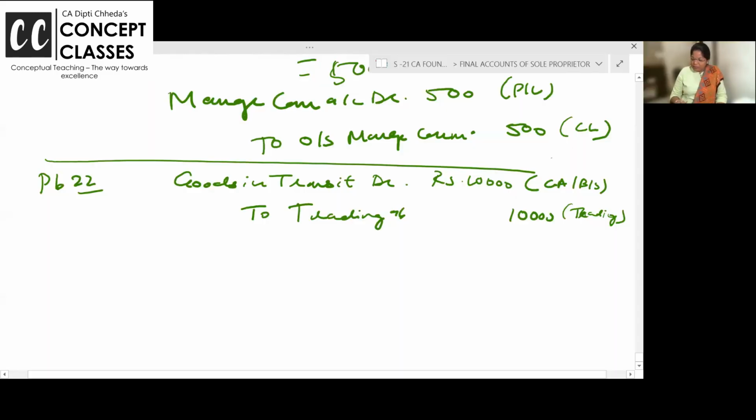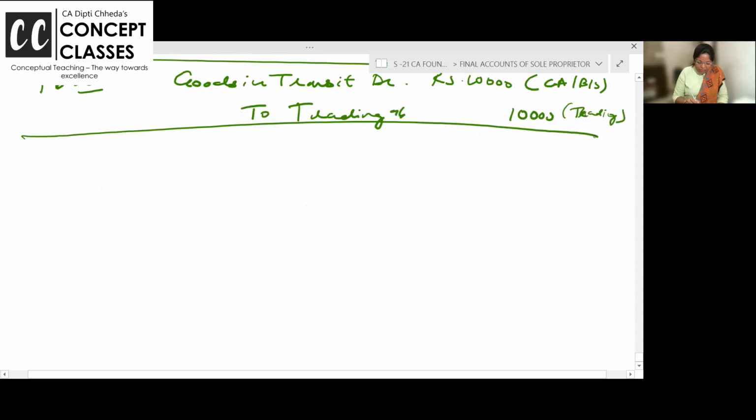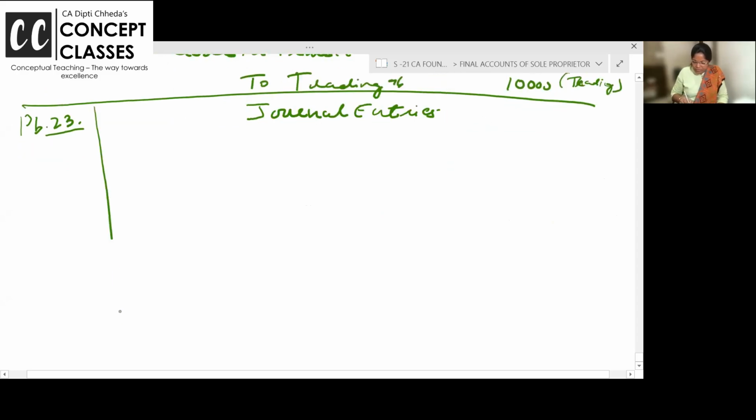If you have any doubt, just pause me and let me know. Otherwise, we are doing the 23rd problem in class. For all the combined adjustments, we are passing the journal entries. And what is the format of journal entries?